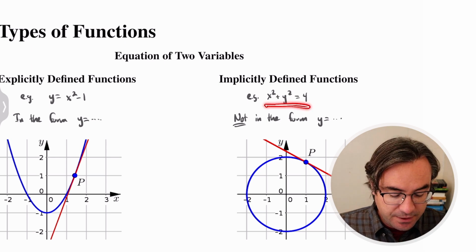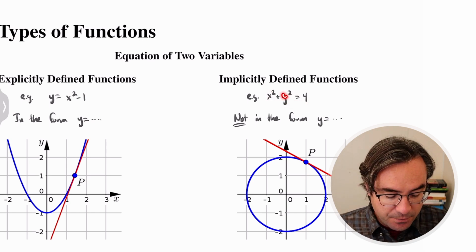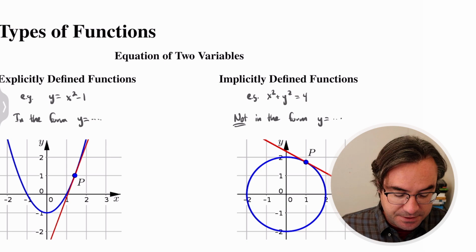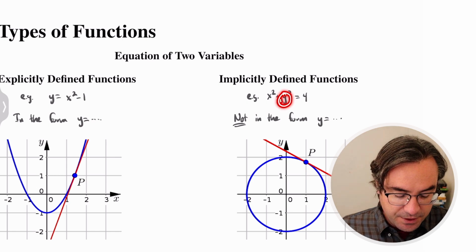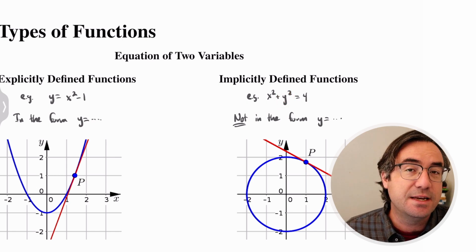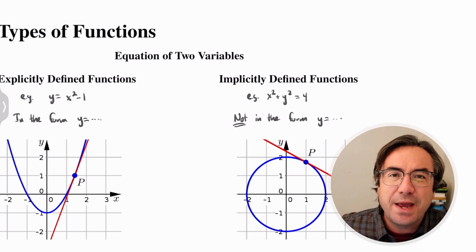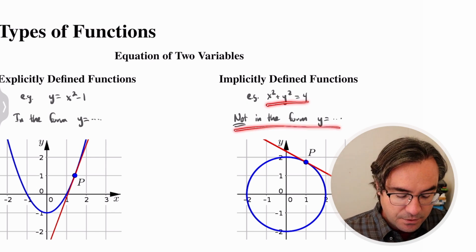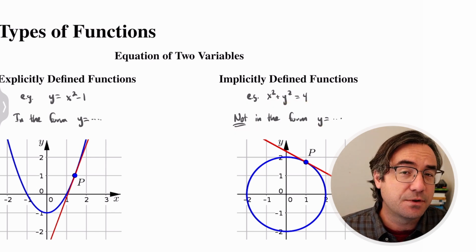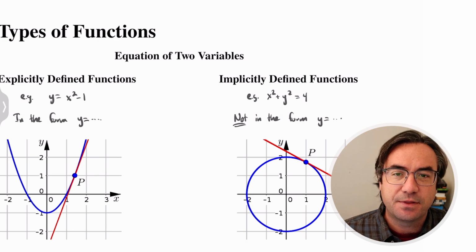So for an equation like this, we're going to think of x as just a regular variable, but we're going to think of y as two things. It's going to be a variable in this equation, but we're also going to think of it as having x terms hidden inside of it. So this is a new way of thinking about functions. If we have an equation, we don't necessarily need to solve it for y in order to look at some properties of that function.